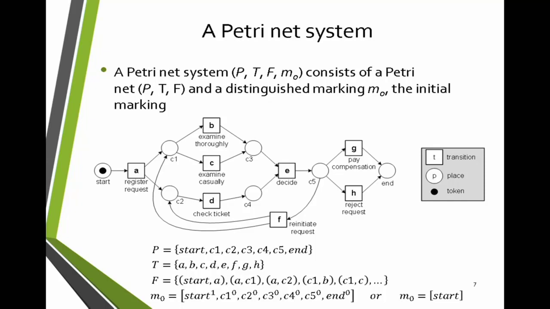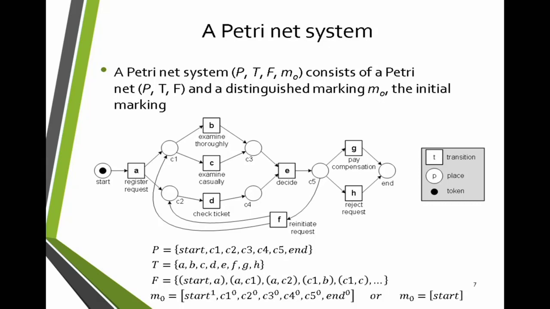The structure obviously defines the potential behavior, but the actual behavior is modeled through so-called tokens. Tokens can be present in the circles, in the places of my model. In this case, this place contains a token represented by this black bullet here, right? Those tokens represent the behavior of the model, or the state of the model, to be more concrete.